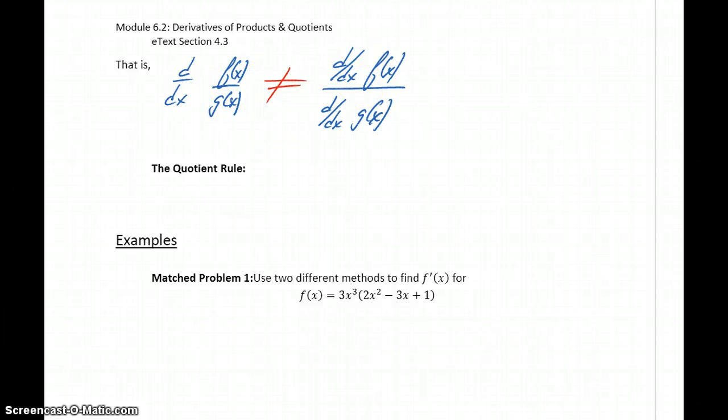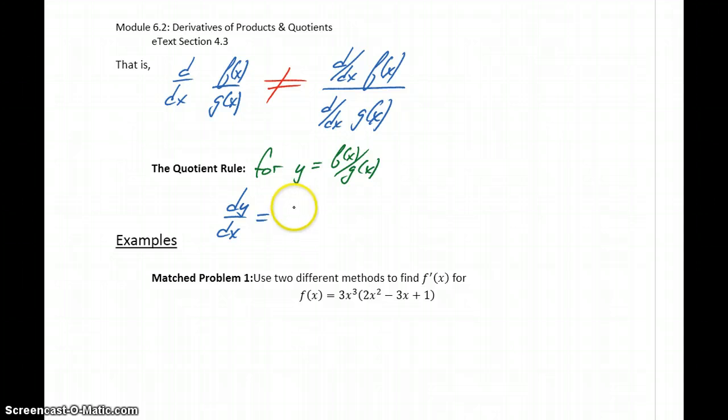Instead, whenever we encounter the quotient of two functions, for instance if we have some function y equals f of x over g of x, then to take the derivative of that function y, we're going to start off with something that looks similar to what we wrote out for the product rule.